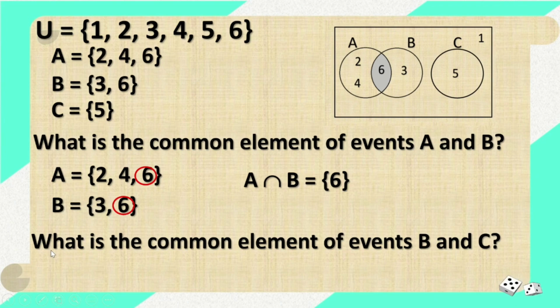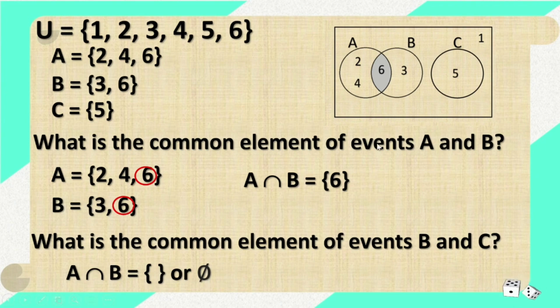For the next question, what is the common element of events B and C? Kung titingnan natin ang event B and event C, wala silang common element. There is no common element of events B and C. In symbol, B intersection C is null set or empty set kasi wala silang common elements.